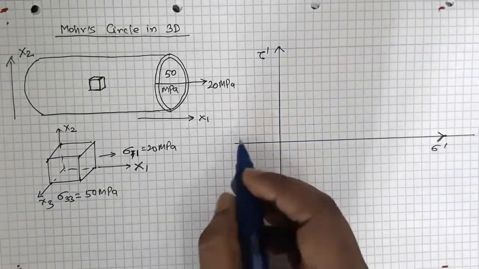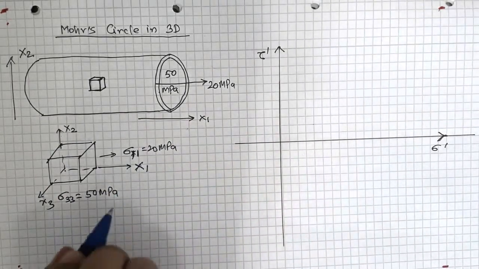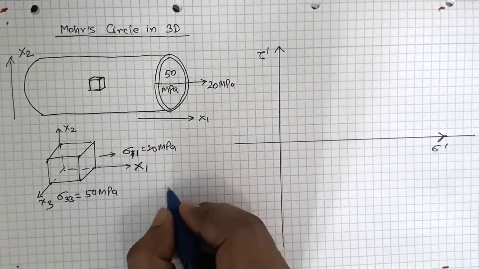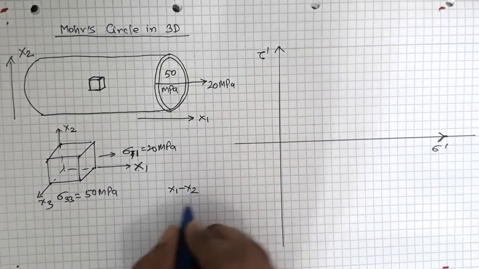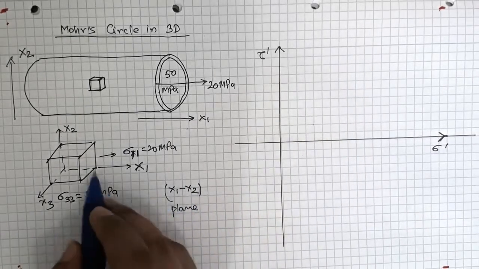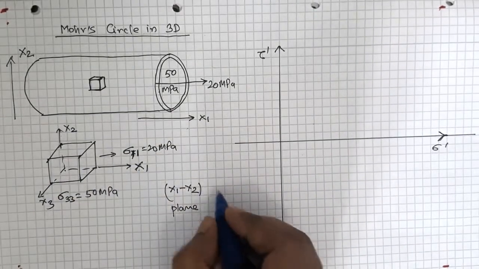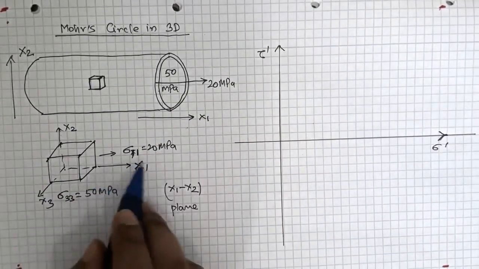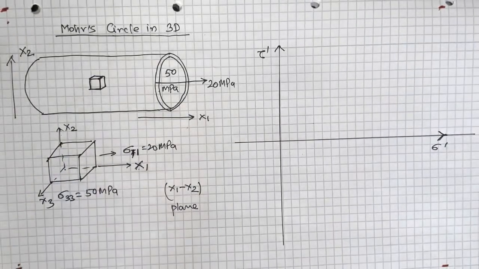Now let us draw the condition for, let's say, the x1 x2 plane first. What happens on the x1 x2 plane? I have sigma 11 of 20 megapascal. I have 0 value in the x2 direction, right?